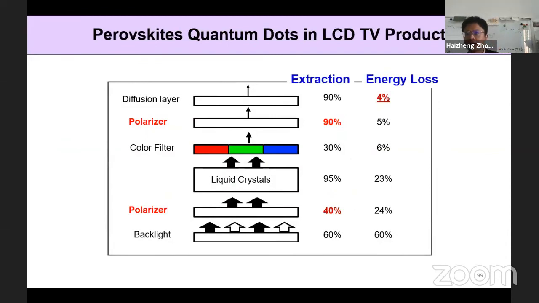Considering the backlights, except for the color gamut, there are also challenges to improve the energy efficiency by using polarized composite films, because the polarizer in LCD backlights greatly reduces the light efficiency.